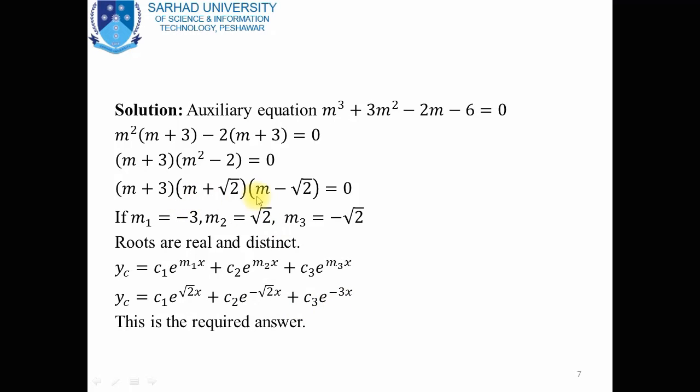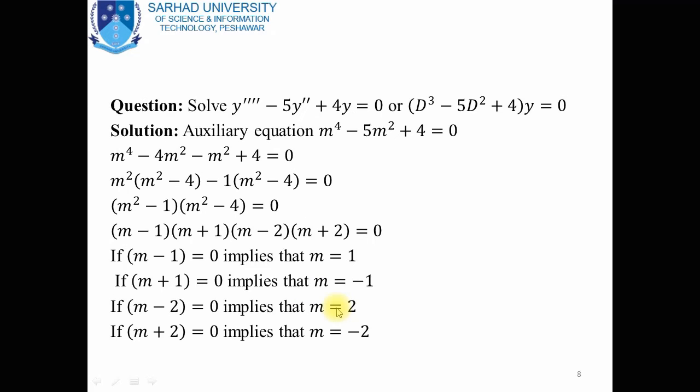In these three roots, we can take m1, m2 and m3 as any of the roots. So the complementary solution is equal to c1 e power under root 2x plus c2 e power minus under root 2x plus c3 e power minus 3x.